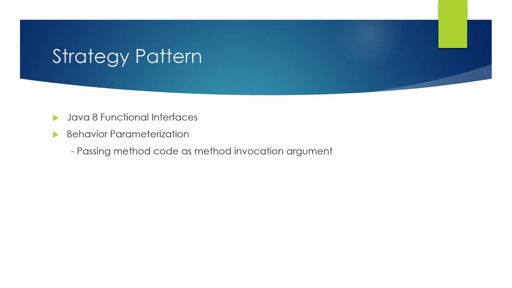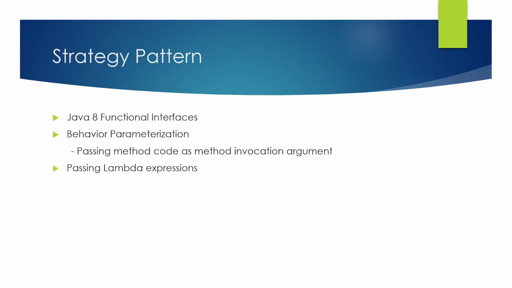So we call this concept behavior parameterization, where, as opposed to passing an entire object as a parameter to a method, we can pass code contained in a method as a method invocation argument, right? So we can pass code as a parameter to functional interfaces in two ways.